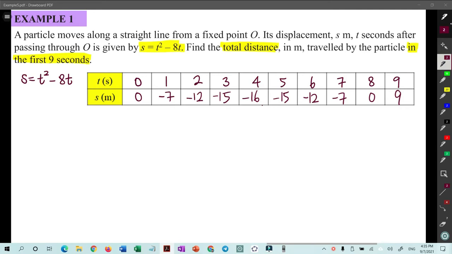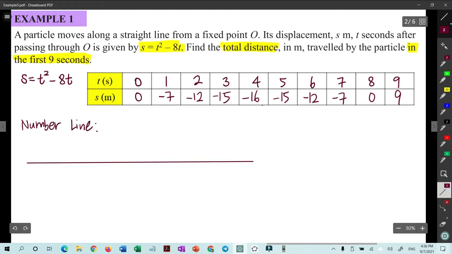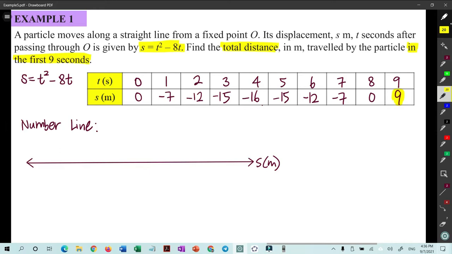So let's use the first approach, which is using number line. Let's draw a horizontal line with arrows labeled with s meter. And if you look at the table, we have both positive and negative values. The biggest value in this table is 9, and the smallest value is negative 16.